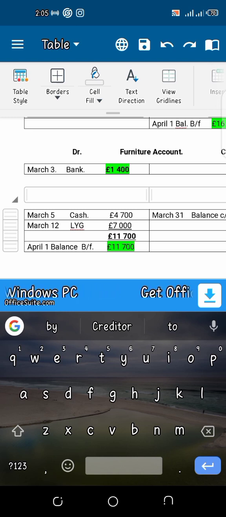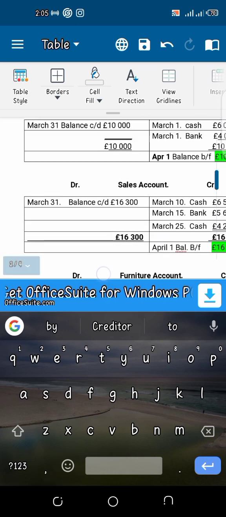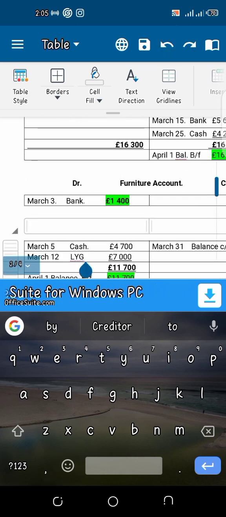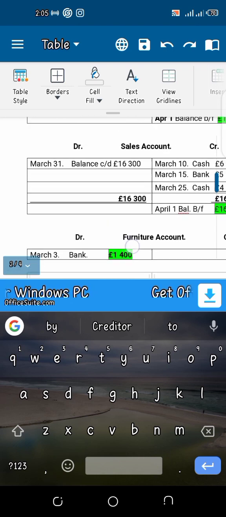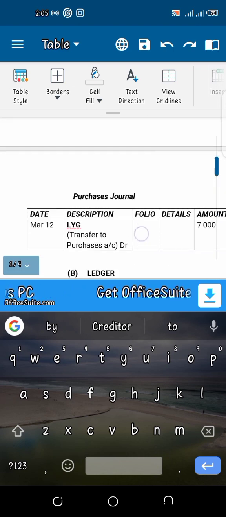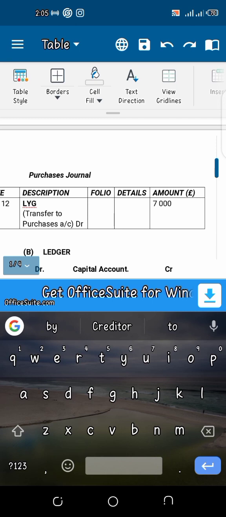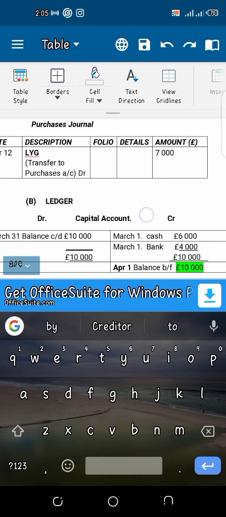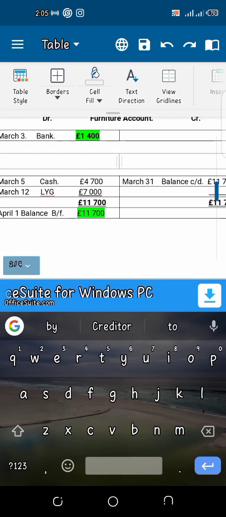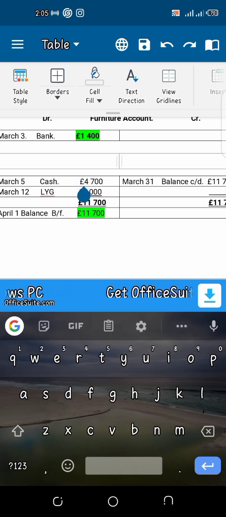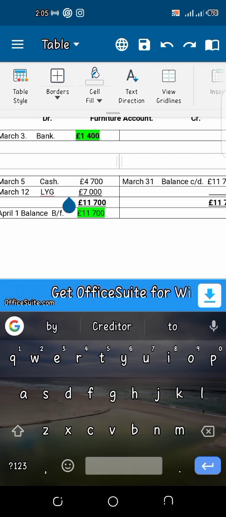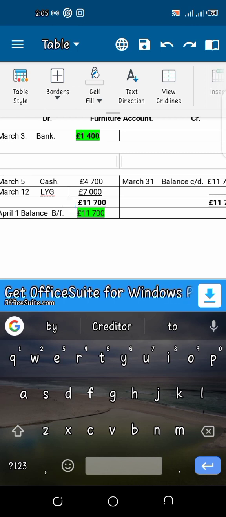So total purchases for the month amount to 11,700. Remember that in the purchases journal, we have the 7,000. It is that same 7,000 that is shown here in the purchases account, goods we bought from LYG 7,000, and so 4,700 plus 7,000 gives us 11,700, which is the total purchases for that month.